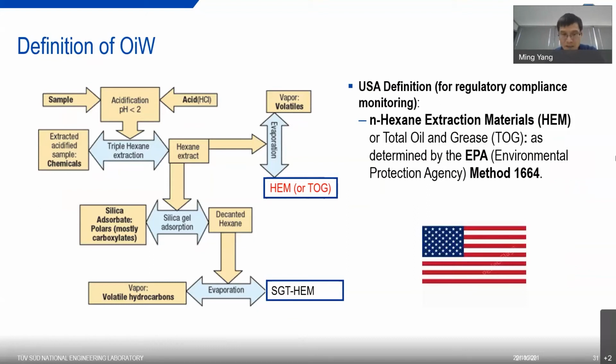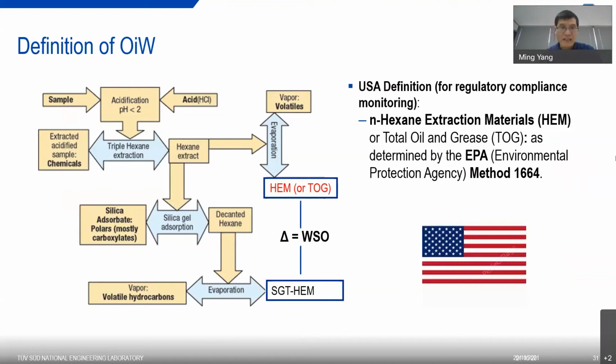So this part, SGT-HEM, is effectively total hydrocarbons, while hexane extractable material, TOG, would include both the total hydrocarbons and also those polar components that are taken out by the silica gel adsorption. Now, the difference between HEM and SGT-HEM in the United States is called water-soluble organics.